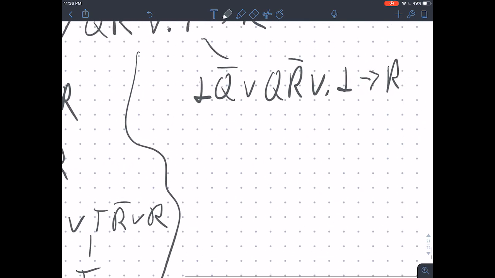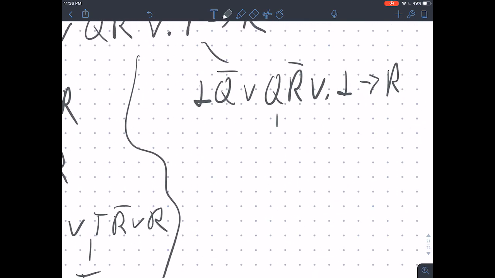So on the right side, start reducing. So that gives us false or R or true, and then true.